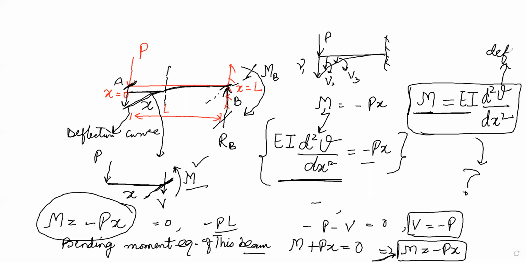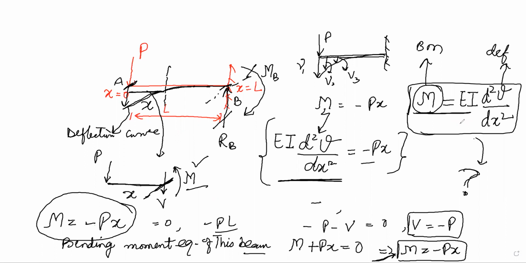On the left hand side, you have the bending moment as the variable. So this equation relates the bending moment in the beam with the deflection in the beam. So the derivation of this equation is very important. From where do we obtain this equation? This is question number one. Before we derive this equation, let's see how this equation is used.